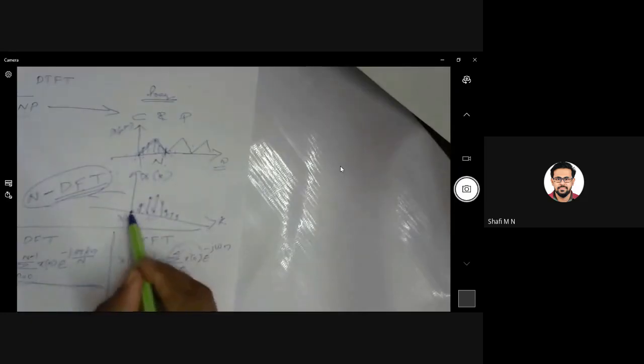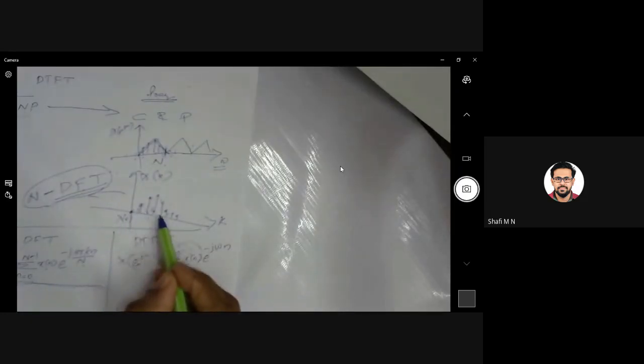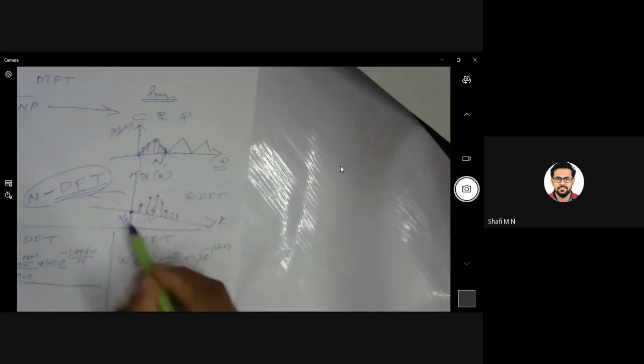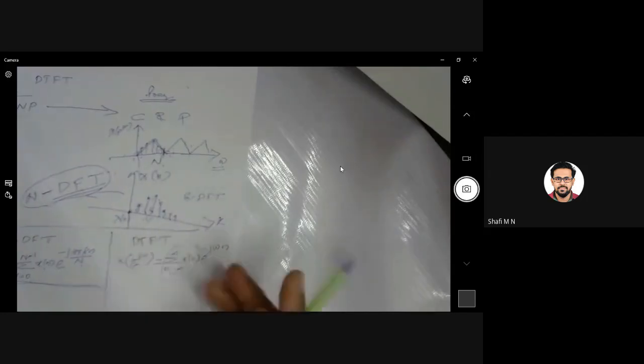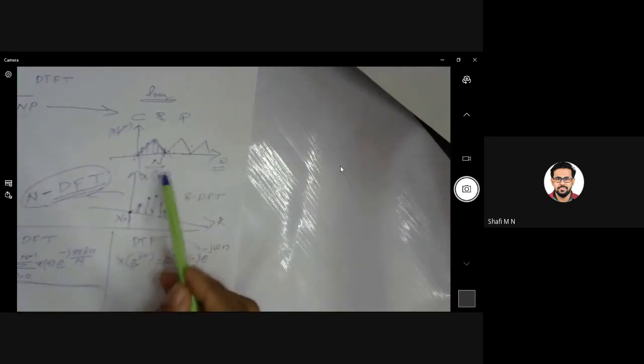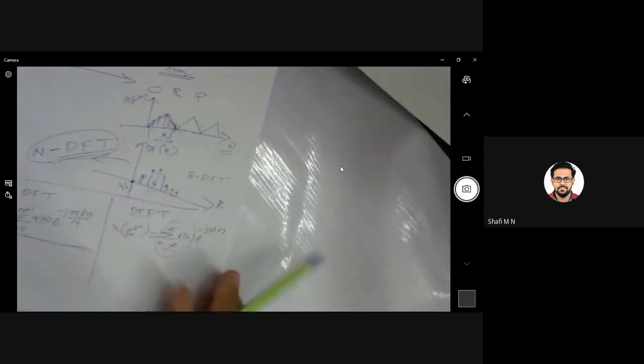The first sample is x of 0. Second is x of 1, x of 2, x of 3, x of 4, x of 5, x of 6, and x of 7. Assume that this is an 8-point DFT. So the index varies from 0 to 7. In general, you can say that if you are taking an n-point DFT, the index will vary from 0 to n minus 1. So ultimately, I want a plot like this. That means I want the values of x of 0, x of 1, x of 2, and so on.